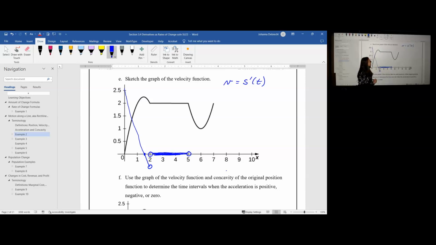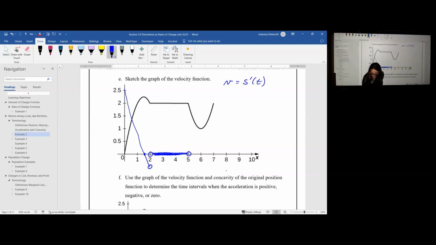Velocity is 0. Then it gets moving again, but with negative velocity. This starts out at a large magnitude for steepness, but negative, and decreases until, or increases actually, till it reaches 0.